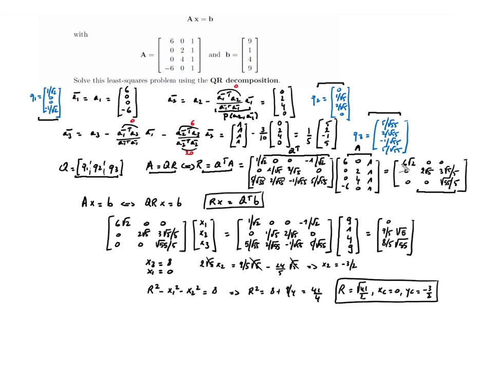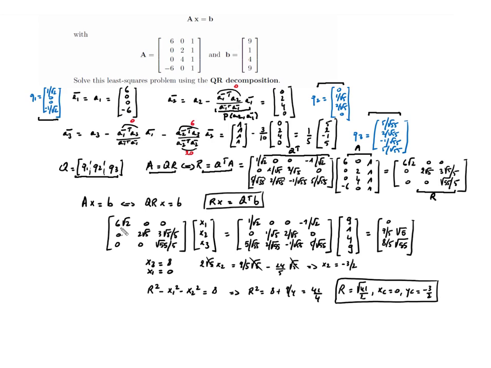And remember, check that these elements are indeed 0, right? So we have R here, we have our original problem, Ax is equal to b, A is QR, so QRx is equal to b. We pre-multiply by Q transpose, and this is what you obtain.